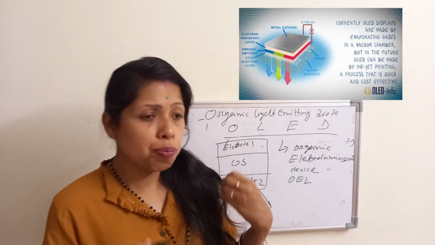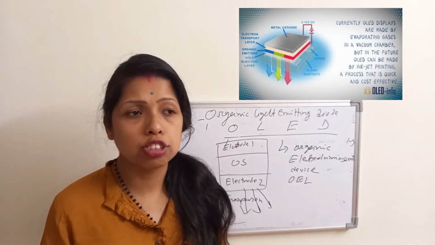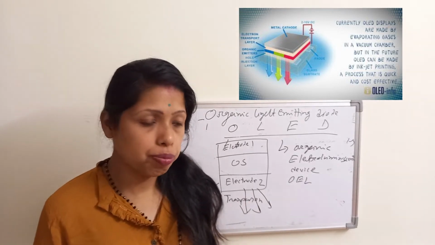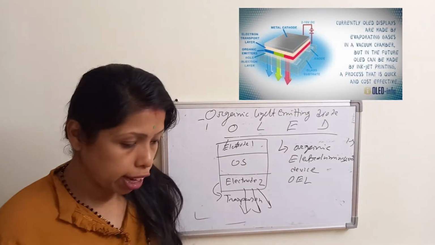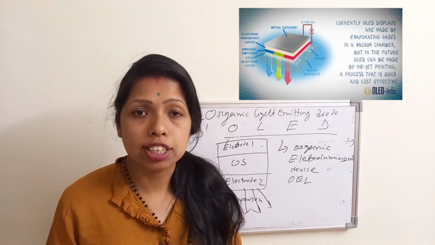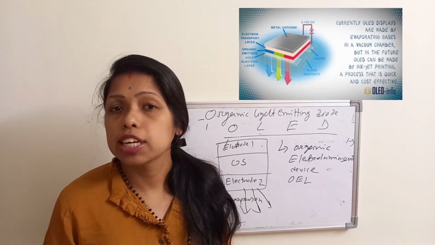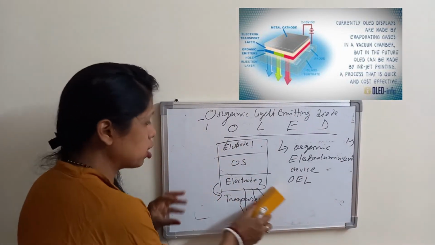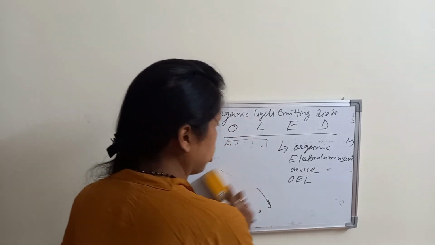By implementing different kinds of injection mechanisms, we have to produce light from the device, so it totally depends on the light generating mechanism. Now I'll briefly discuss the light generating mechanism.